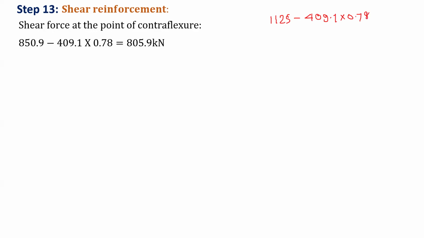You can go likewise also, so minus 409.1 into 0.78. So it comes 805.9. So that is at contraflexion, because at contraflexion means we have bending moment equal to 0, and we have calculated shear force over there. You can find from this, or you can find by using your SFD.